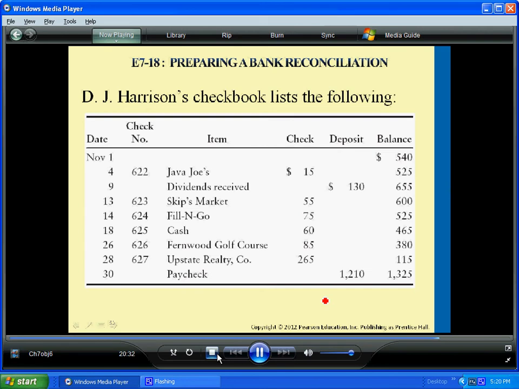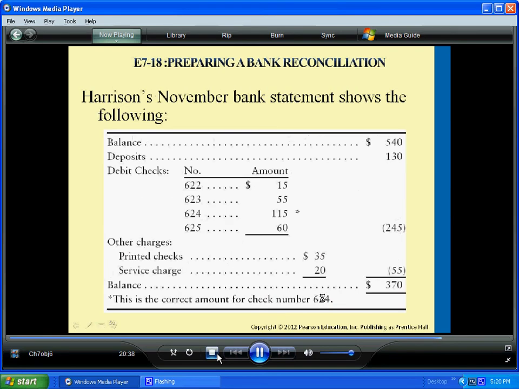On the bank statement, it showed that we had a beginning balance of 540. We made deposits of 130. Here you'll see only 4 checks are displayed, whereas on the previous one we had 6 checks displayed.